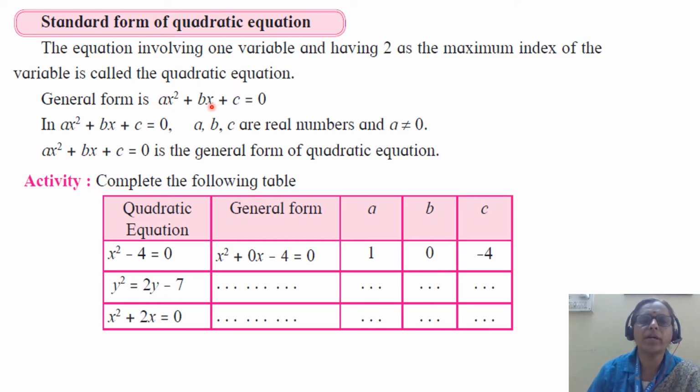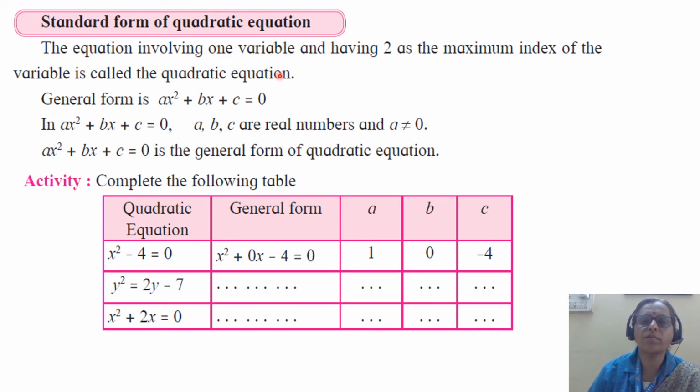When we equate this quadratic polynomial, that is ax square plus bx plus c equal to 0, it forms a quadratic equation. Again I repeat, when we equate this polynomial to 0, it forms a quadratic equation.